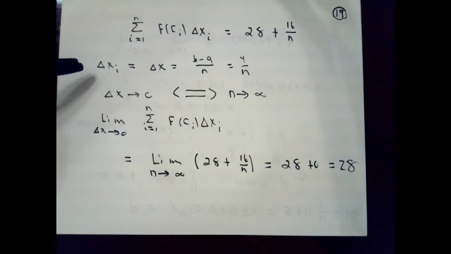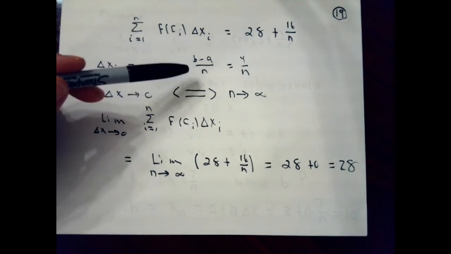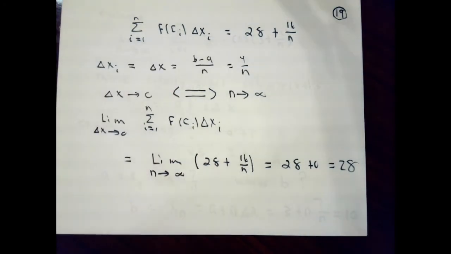Since the delta xi's are all the same number, namely b minus a over n, 4 over n in this case, making the delta x tend to 0 means the same as allowing the n to become indefinitely big.